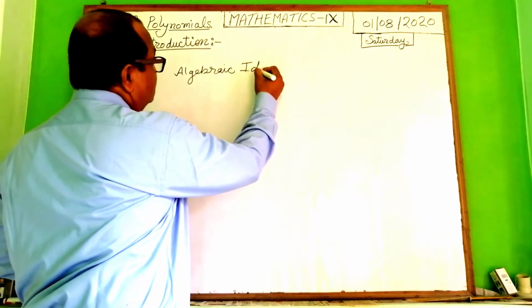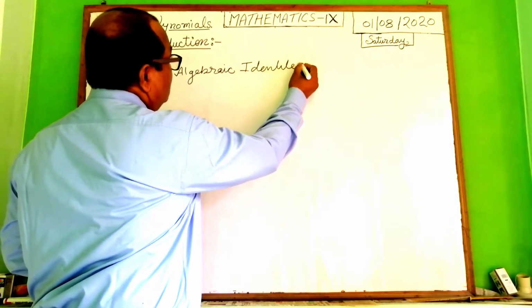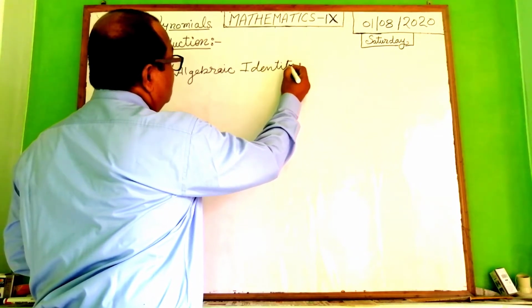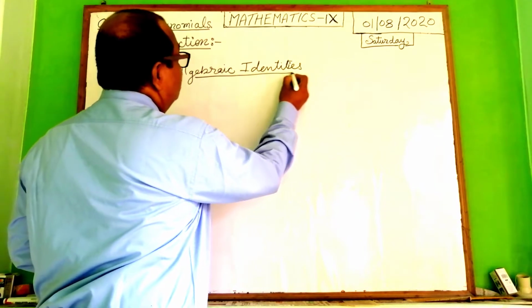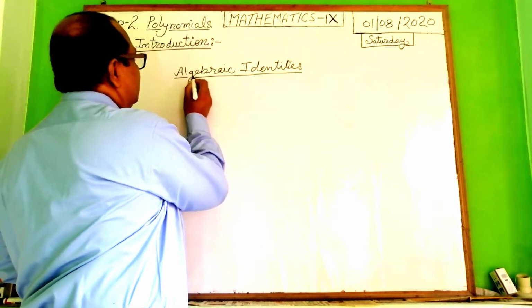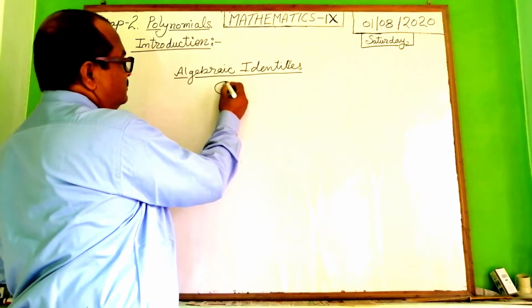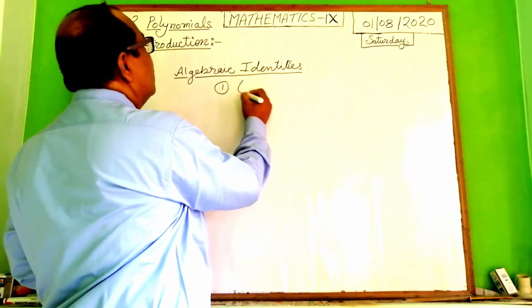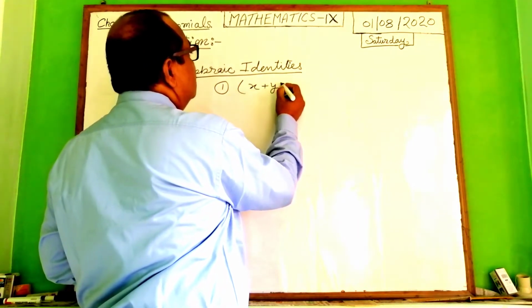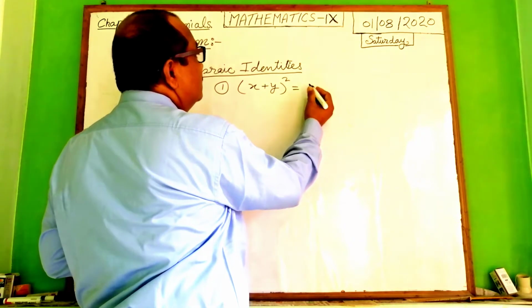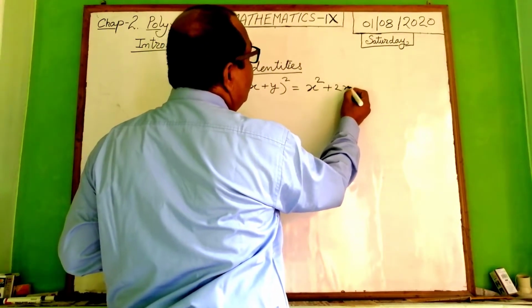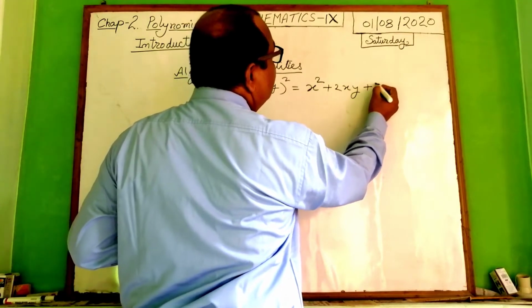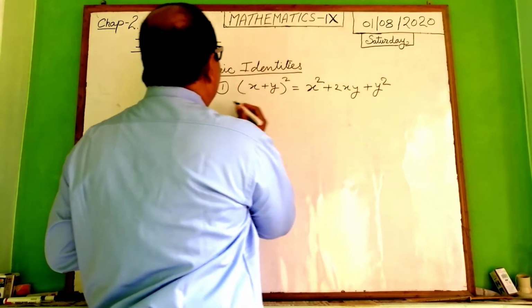Algebraic identities. Very fundamental algebraic identities. Number 1, (x plus y) whole square can be written as x square plus 2xy plus y square.